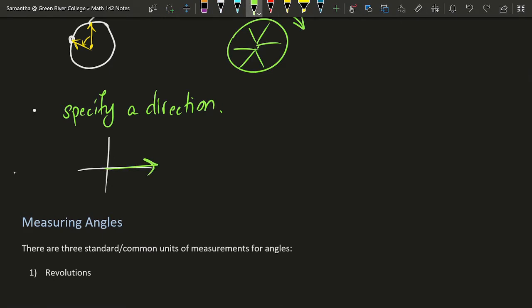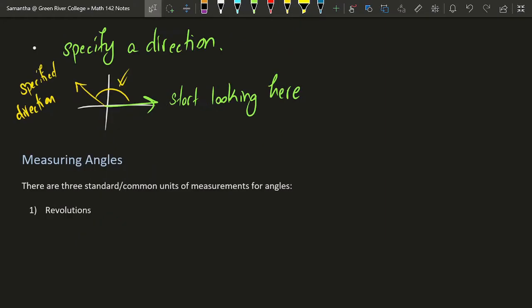And any other direction can be specified by saying start looking here and turn by a certain amount described by an angle, and now you're looking in the direction that I'm thinking of.